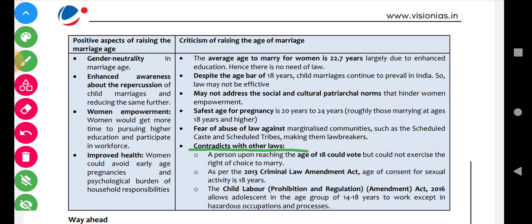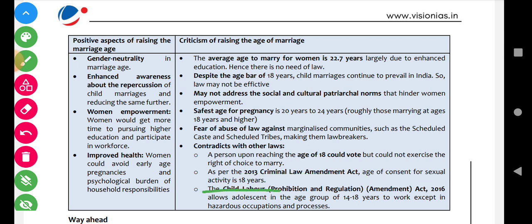It contradicts other laws. A person upon reaching the age of 18 would vote but could not exercise the right of choice to marry. As per the 2013 Criminal Law Amendment Act, the age of consent for sexual activity is 18 years.